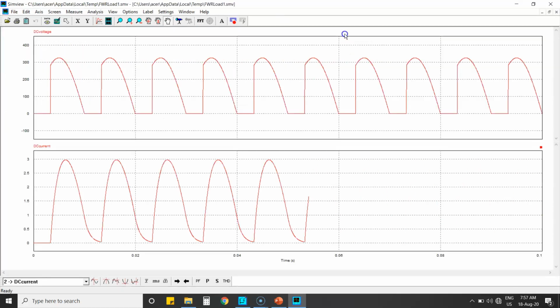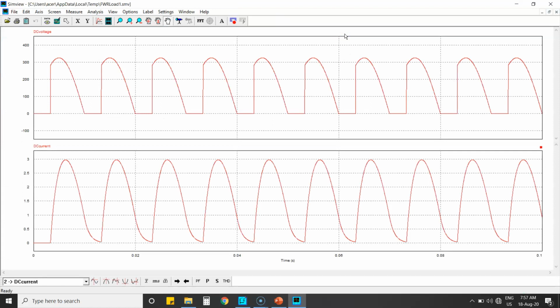The main thing is to compare with the full converter and semi converter. In the full converter for RL load, we have a negative voltage, right? But here there won't be any negative voltage. Semi converter will conduct only in the first quadrant, that is, the voltage and current will always be positive. But the full converter will act in the first quadrant and fourth quadrant.